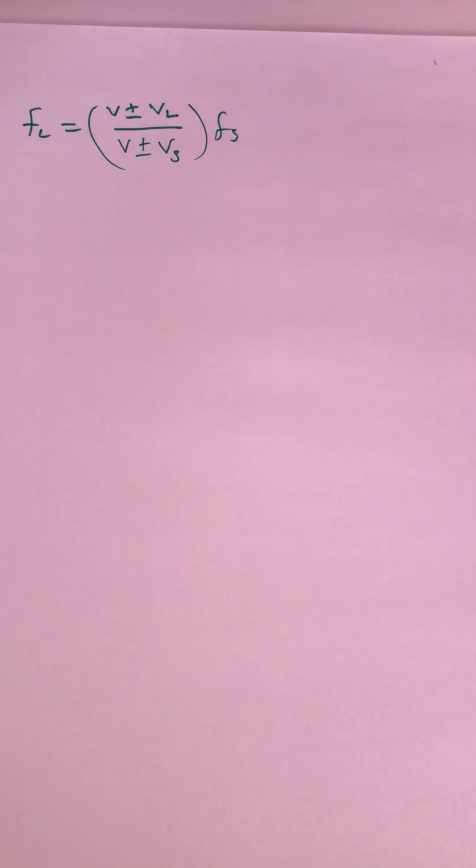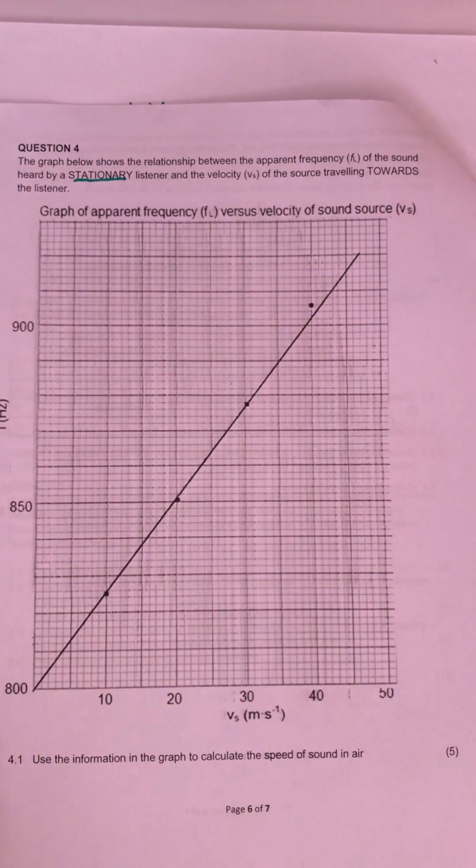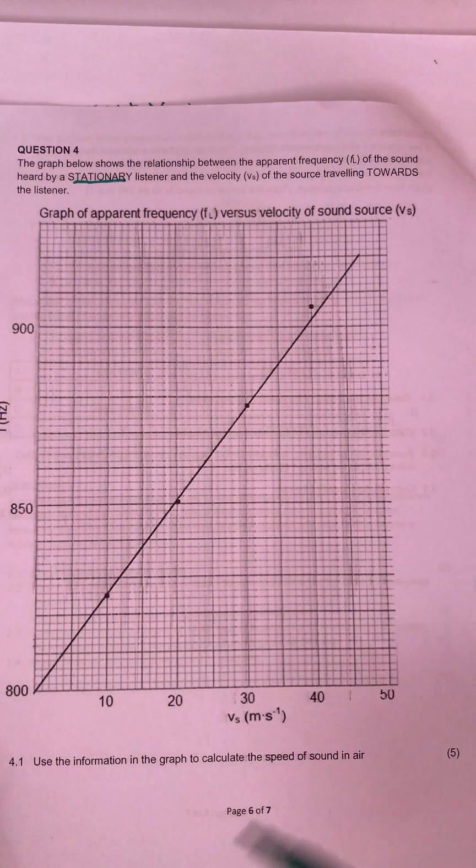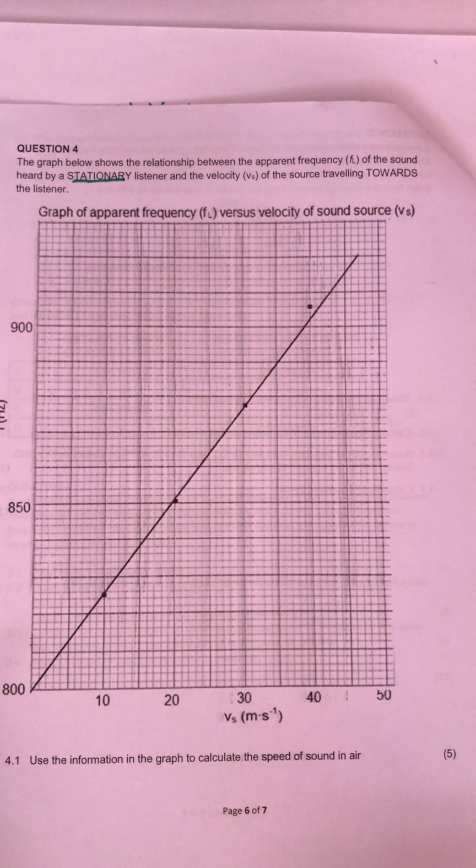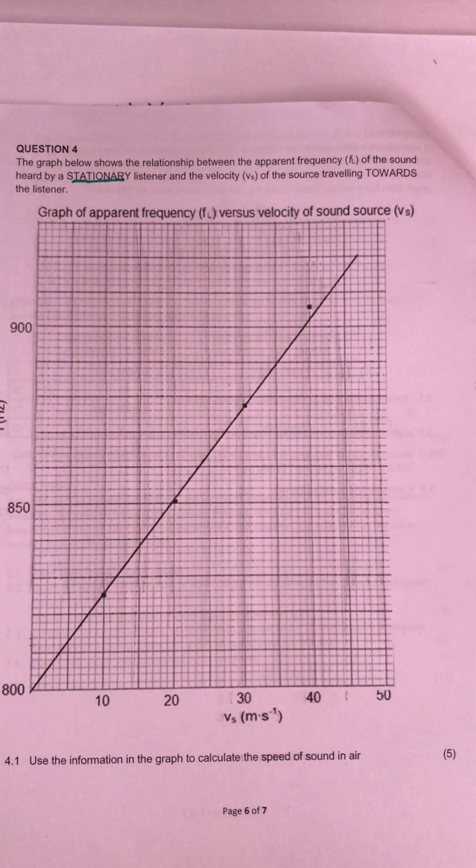Since our listener here is stationary, but the source is moving towards the listener, it means that the frequency of the listener will be greater than the frequency of the source. But if both the source and the listener are stationary, the frequency of the source will be equal to the frequency of the listener.